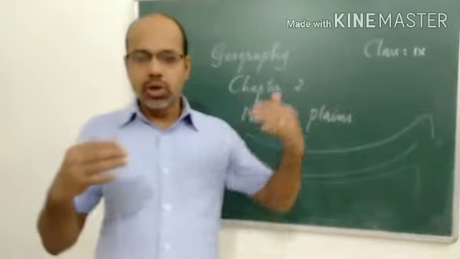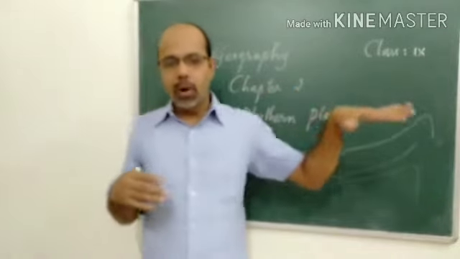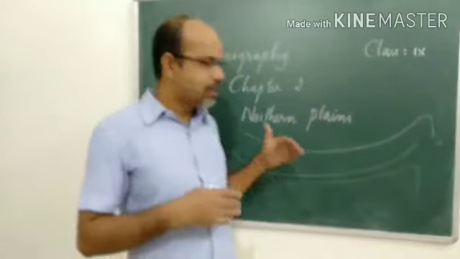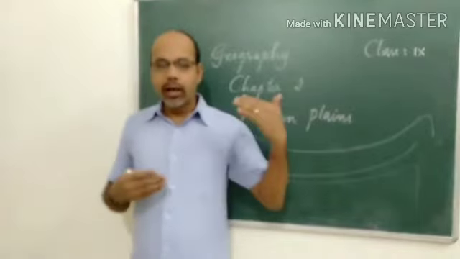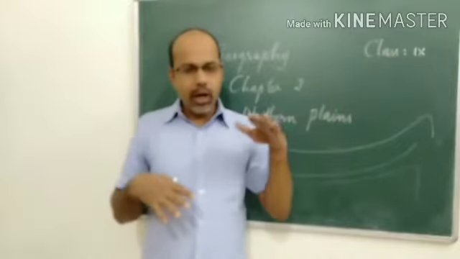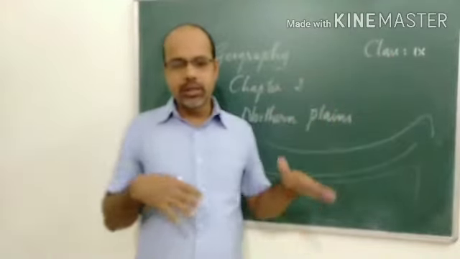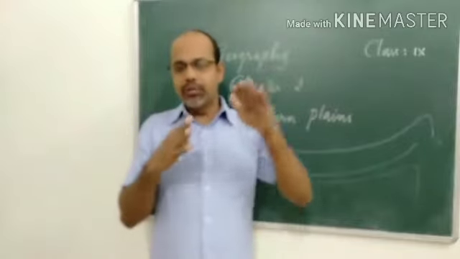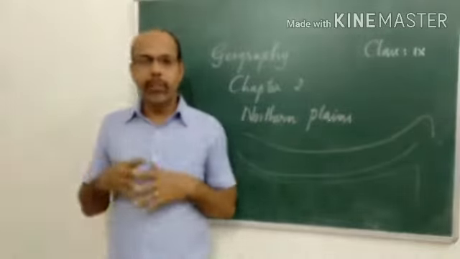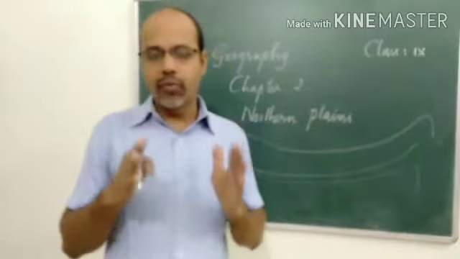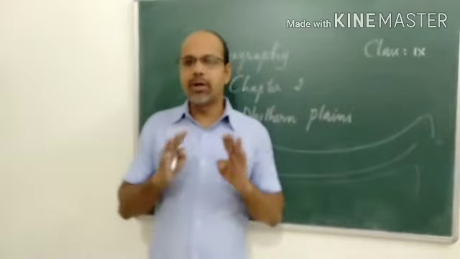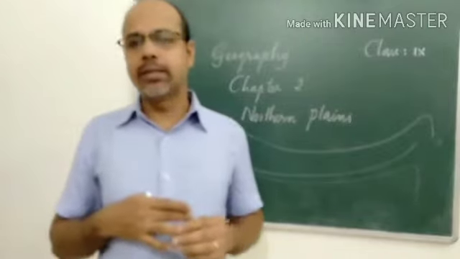Because of the gentle slope from the Great Himalayas coming towards the south, and because the lesser Himalayas and Shivaliks are very low mountains, the river flow becomes slower. When the river flow is slower, the sediments brought by the rivers are deposited in these regions.